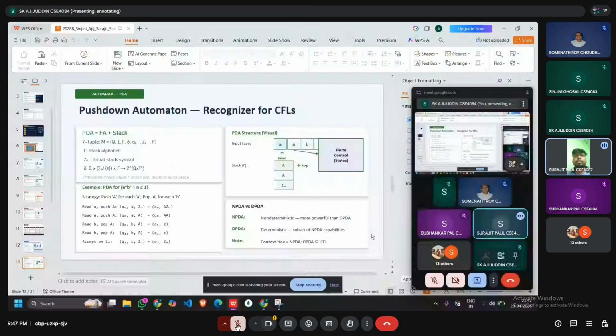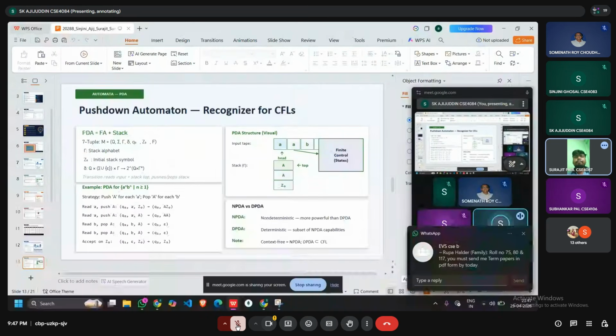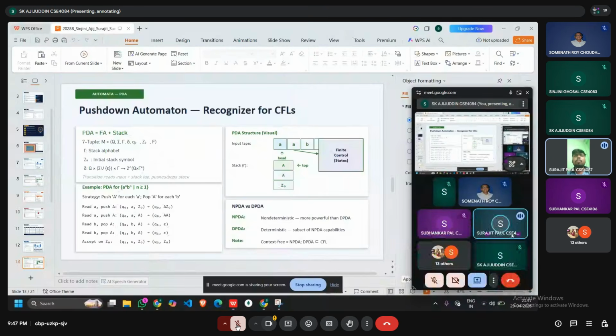We move to the pushdown automaton or PDA. A PDA is essentially a finite automaton with an added stack. The stack provides last in, first out, that is called LIFO, allowing the machine to push and pop symbols.